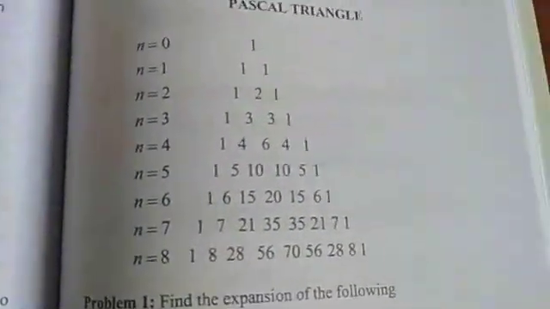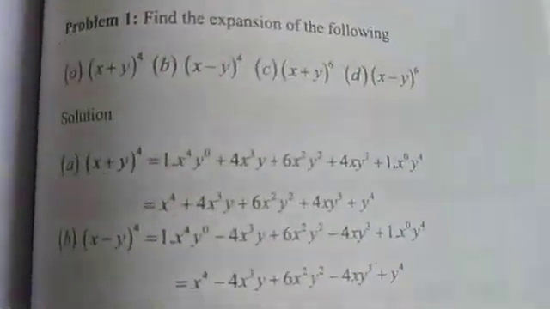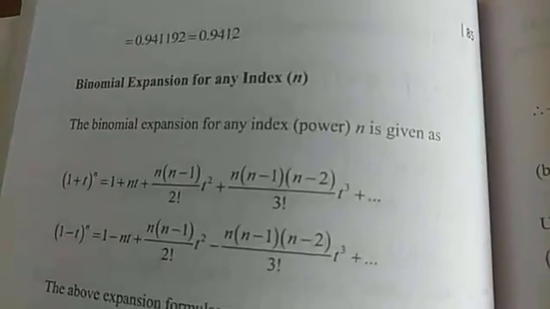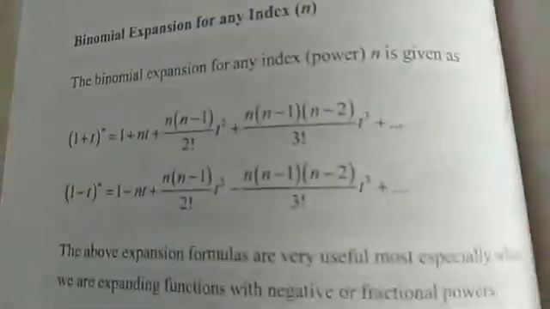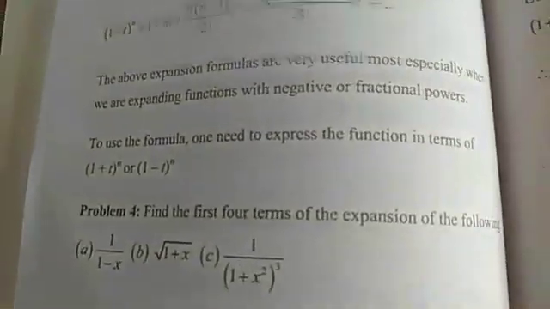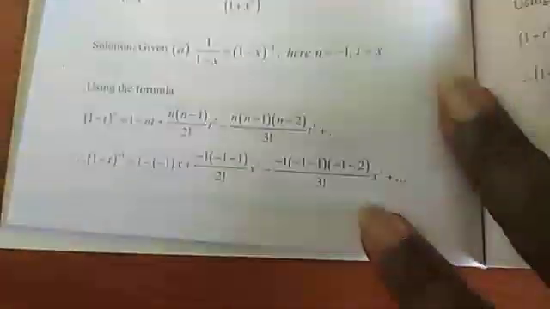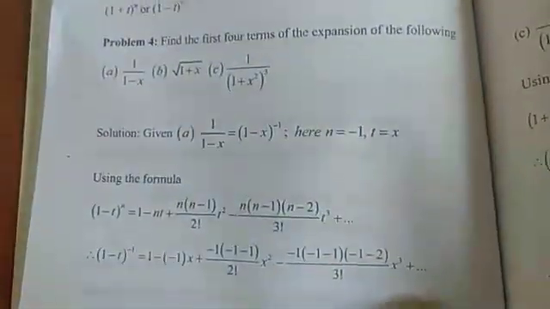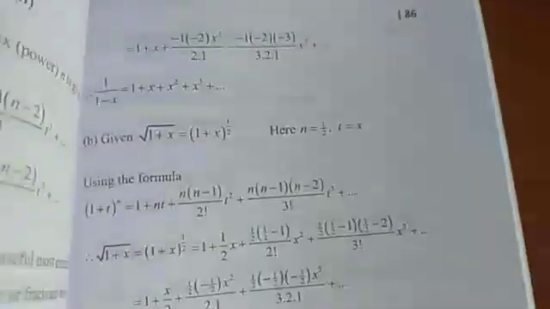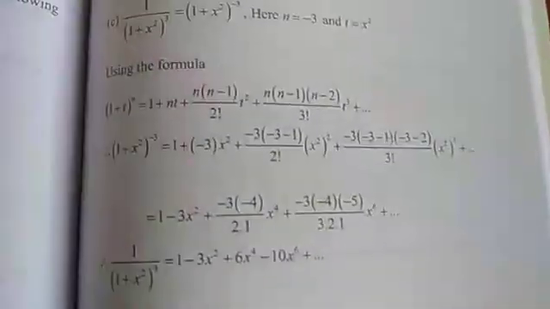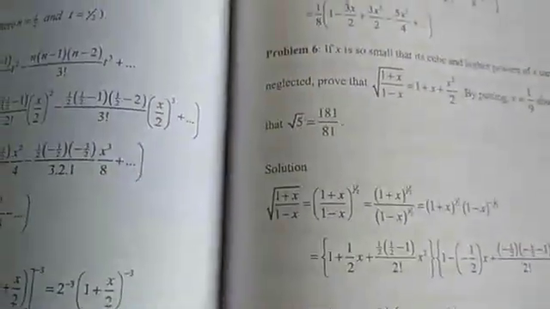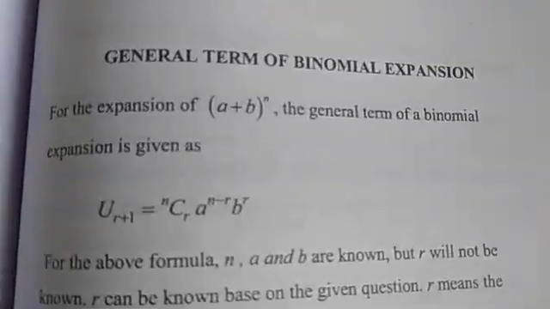This is the Pascal triangle that we showed the other time. We have examples here. This is the formula that I gave you for any index. We have examples here. This is the general term. That's the formula that I gave you.